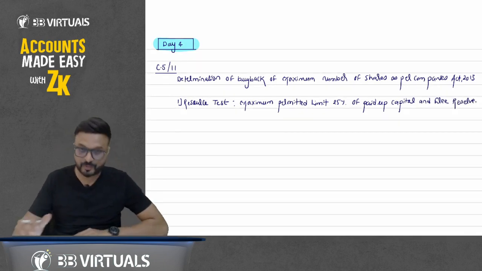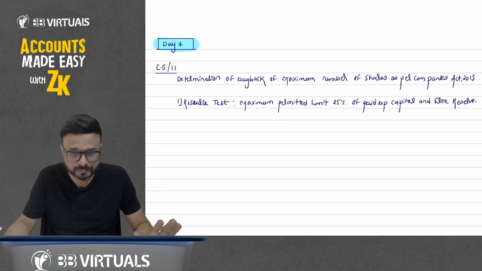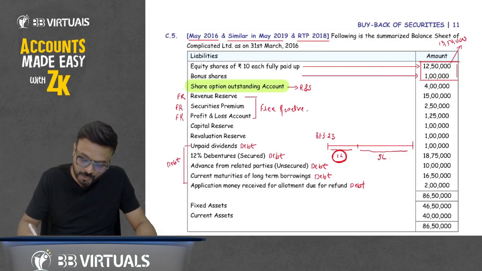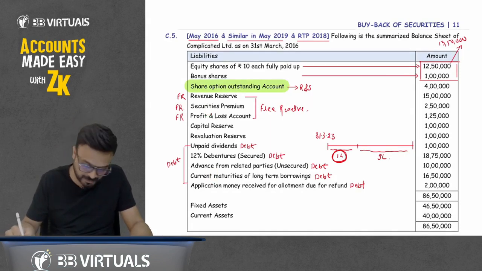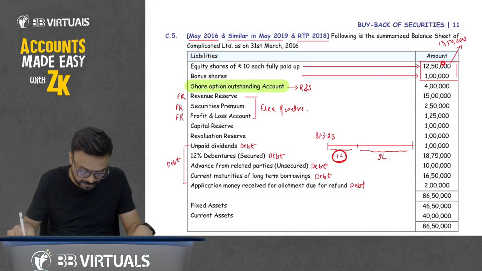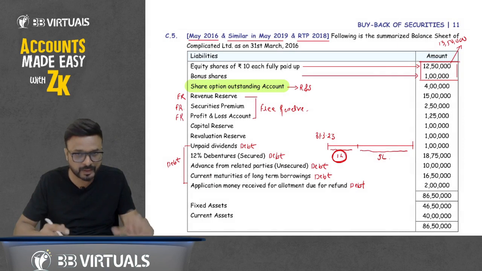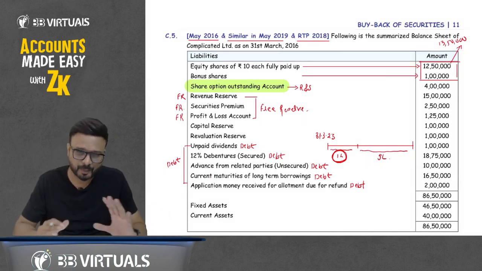First we have to calculate paid up capital and free reserve. As you can see in the question, there are so many free reserves and so many debts here. We know paid up capital is 13,50,000, but we can calculate the free reserve as well. We can make a working note on paid up capital and free reserve, and also on debt, because the items are more here.